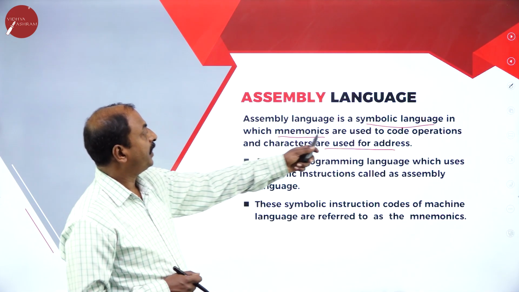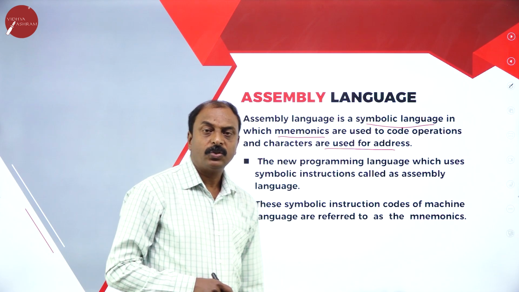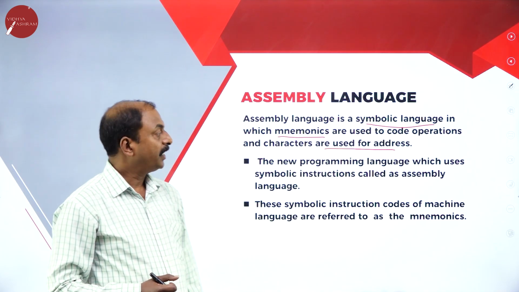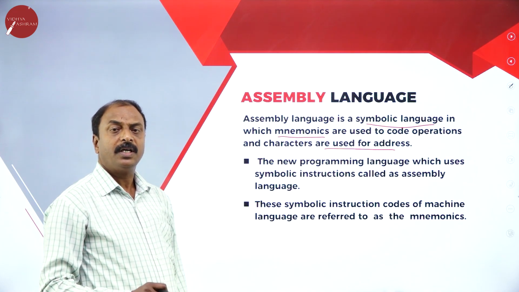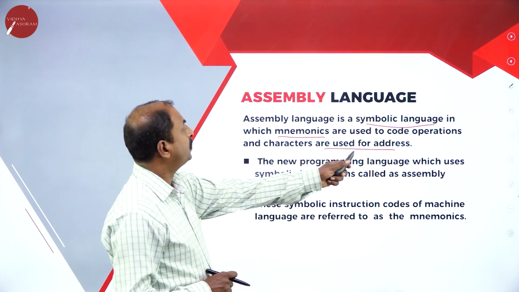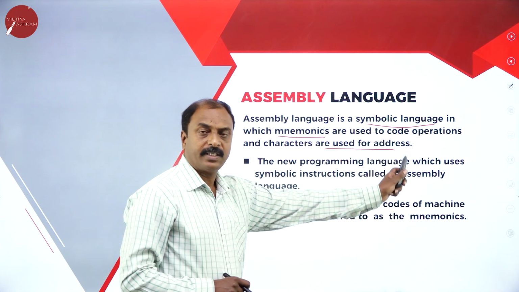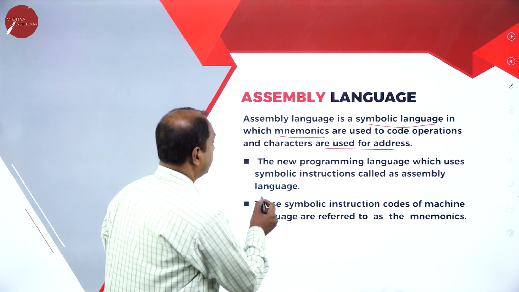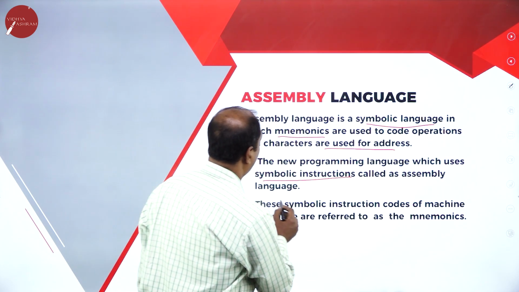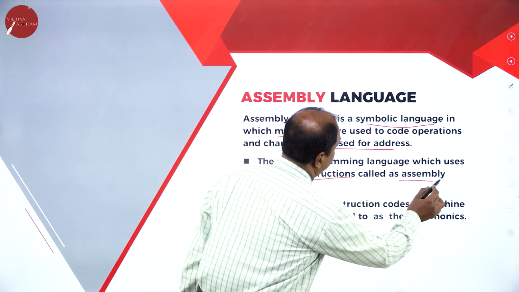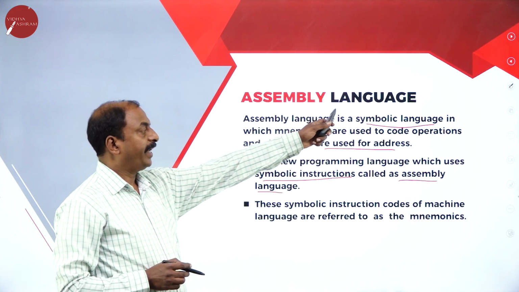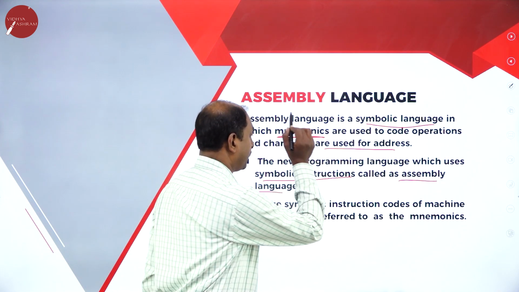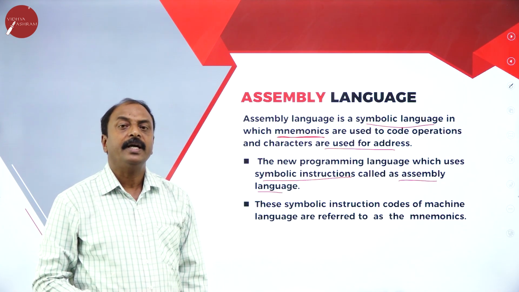This language consists of symbols in place of numbers or digits, and uses characters for addresses. The new programming language which uses symbolic instructions is called assembly level language, and these symbolic instructions are called mnemonics. Mnemonics are nothing but symbols.